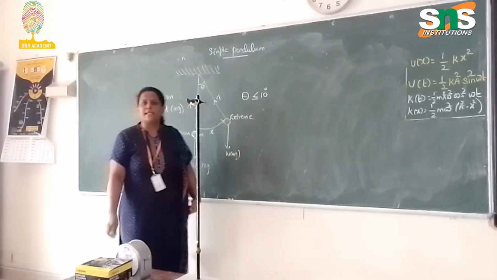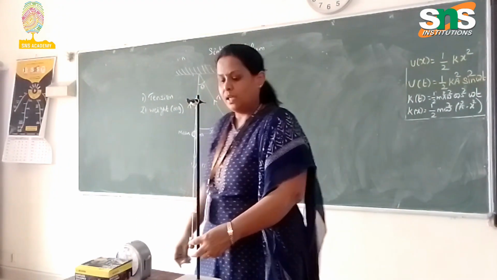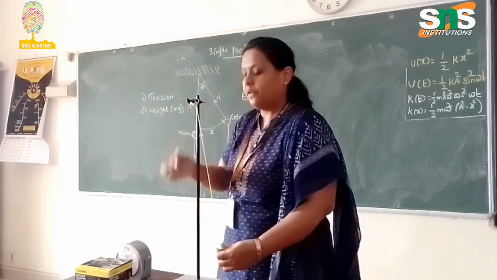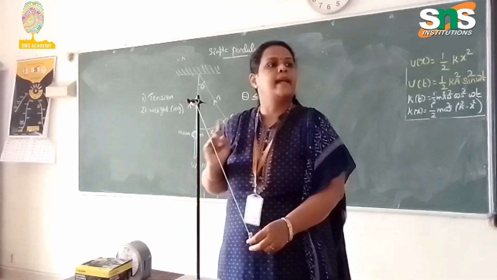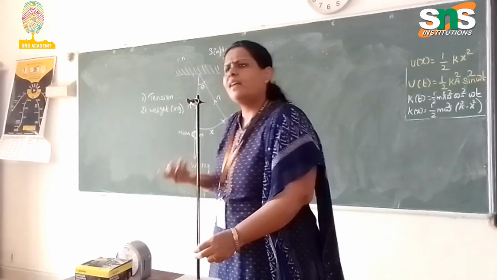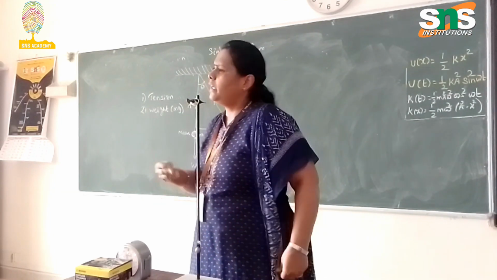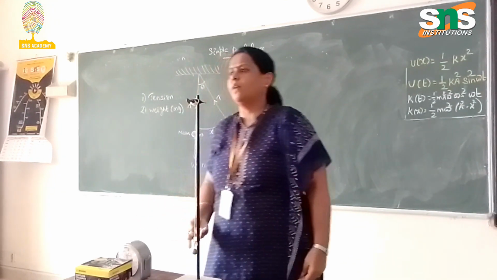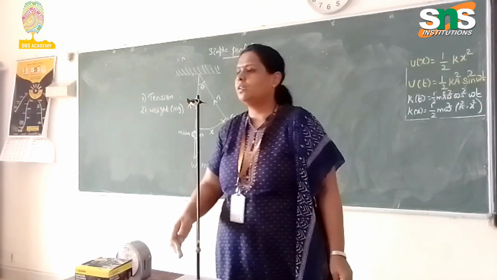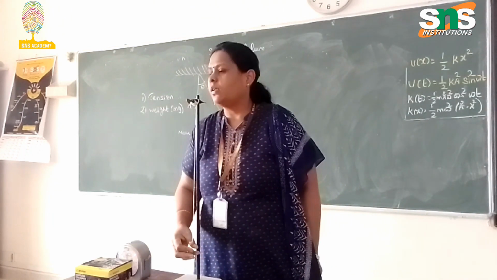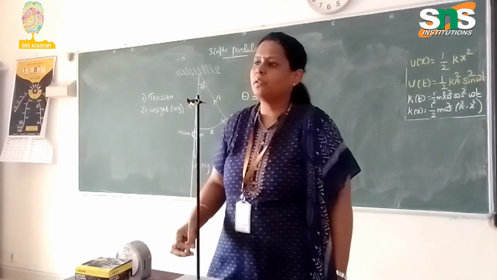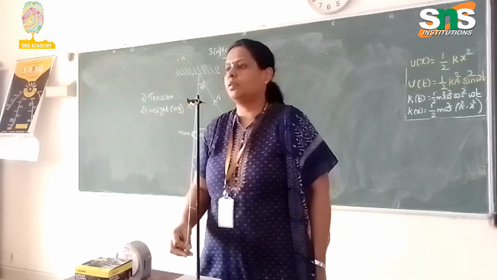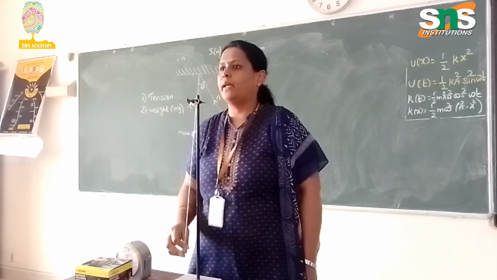We are displacing this mass, so the angle between the mean position and the extreme position should not exceed 10 degree. If it increases beyond 10 degree, what will happen? Any idea? Displacement will be... Very great. Okay, the range will go.